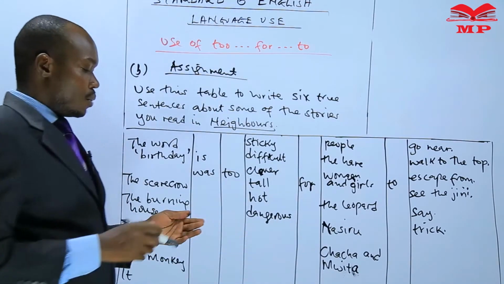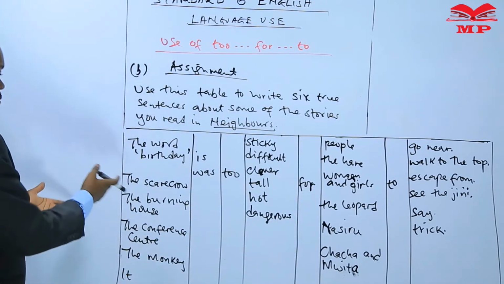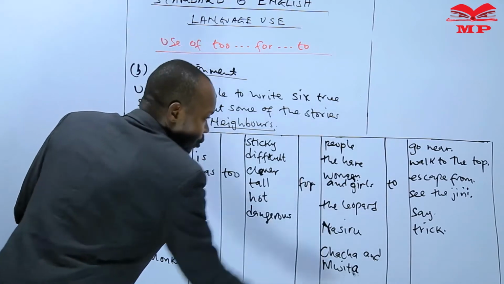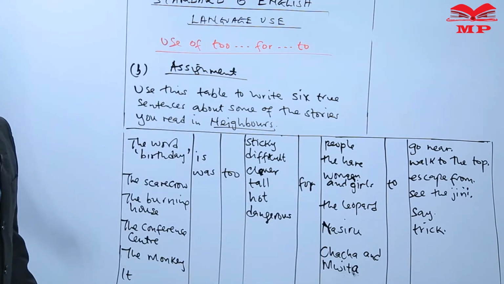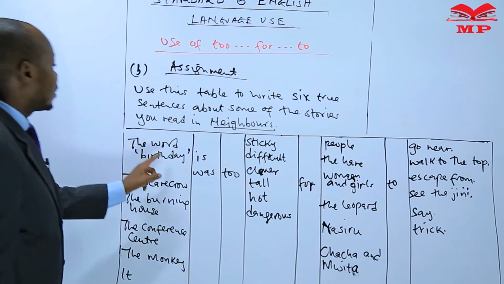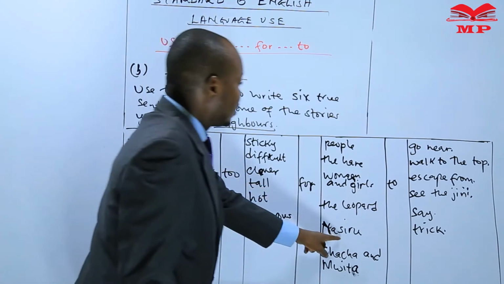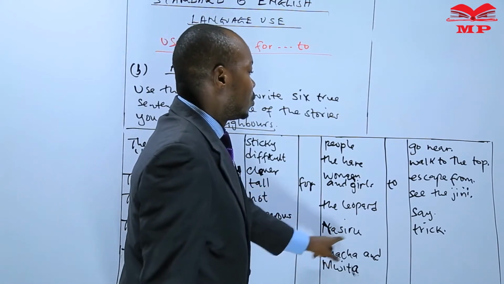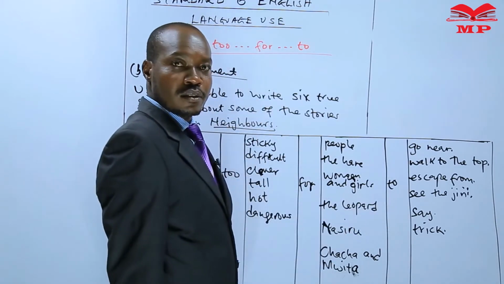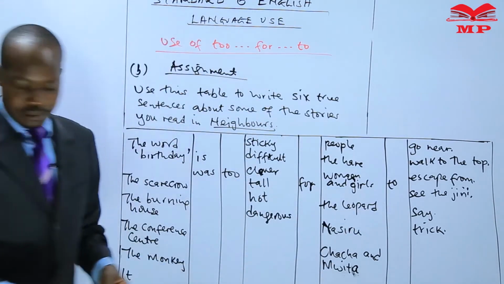So we're going to combine words from these various columns to form sentences. For example, I want to give you one example. The word birthday was too difficult for Nasiru to say. So this is our sentence.